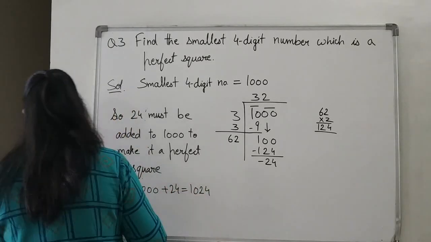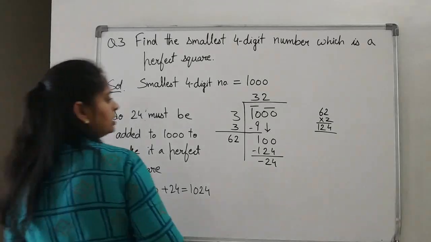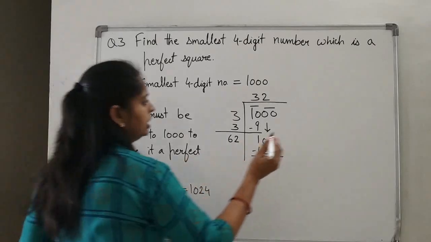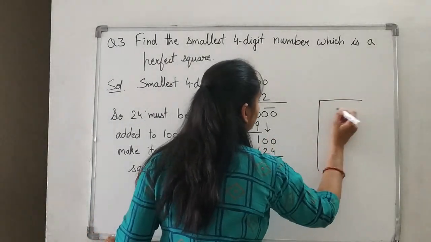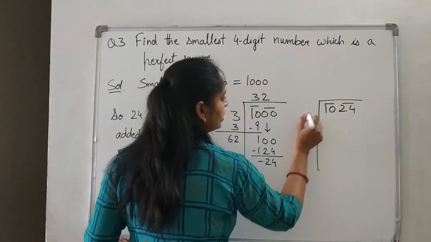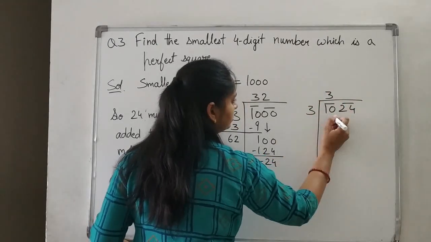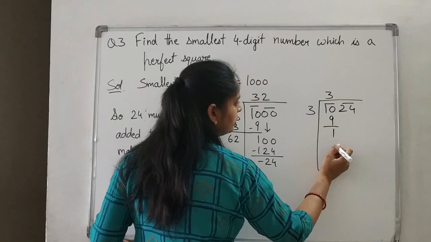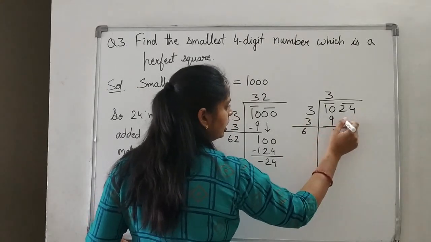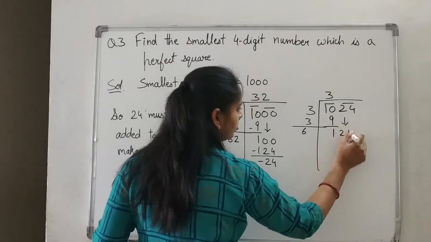You can check also. Let's check whether this method is correct or not. Because as we have done in the previous one, that was a different method. See for 1024, what happens? Again we will do the pairing. 3 3s is 9. What is left with 1? This side 3 plus 3 will give you 6, and 24 will come down, right?